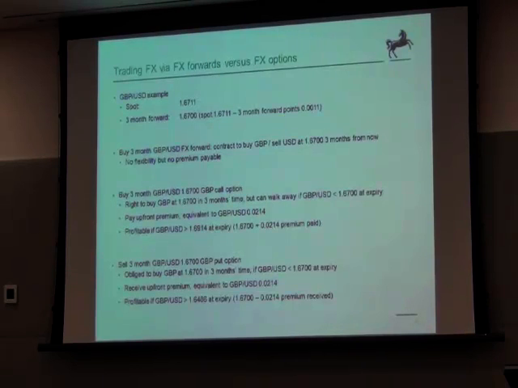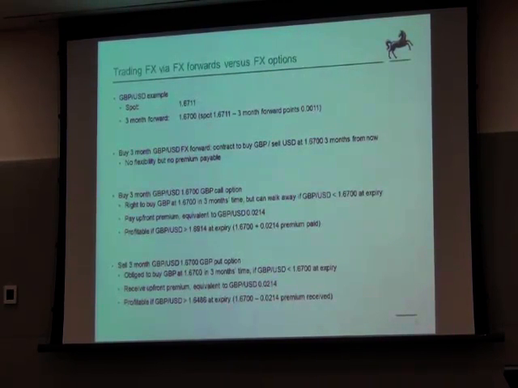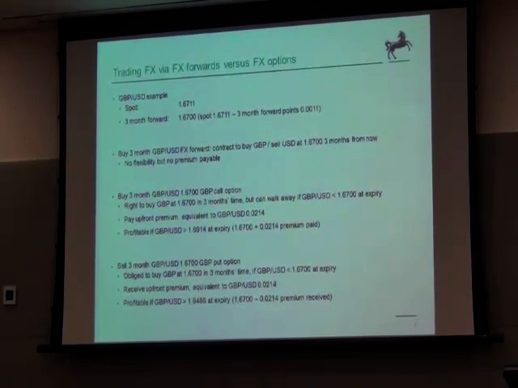Again, for those who aren't too familiar with forwards, this simply represents the interest rate differential between sterling and the US dollar over a 3-month period, and therefore effectively the cost of holding a spot position for 3 months. Forwards are not necessarily an indication of where the spot market is going to go. It's simply a reflection of the cost of holding the position.